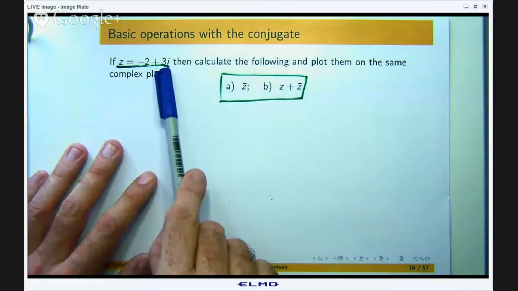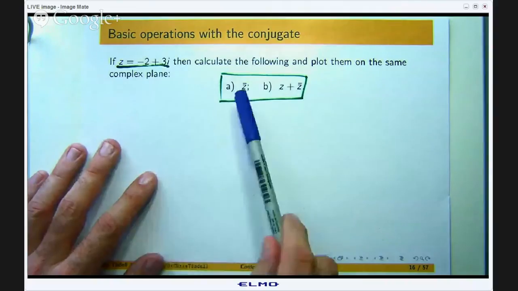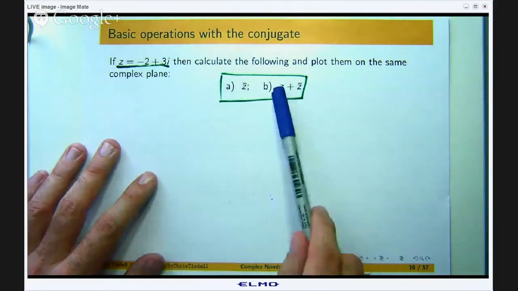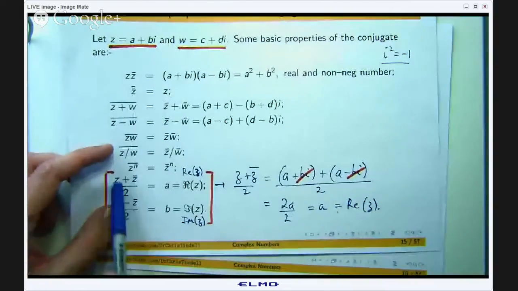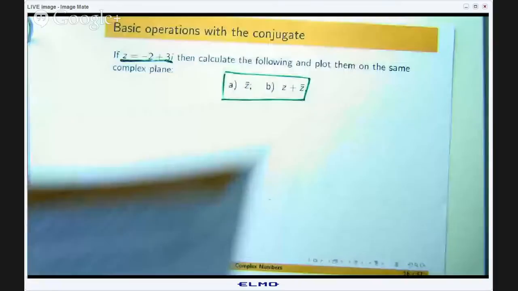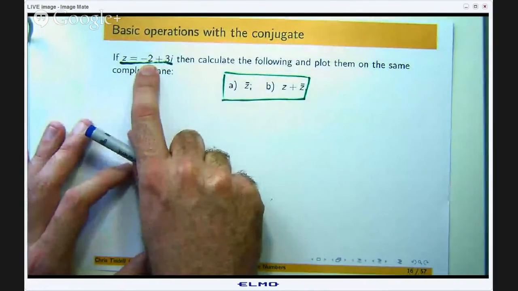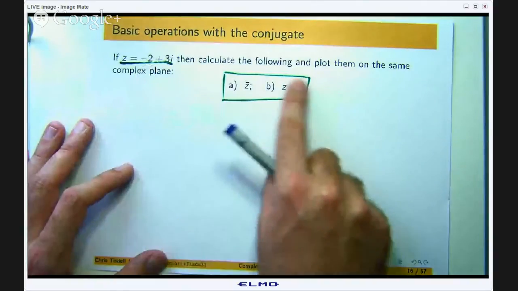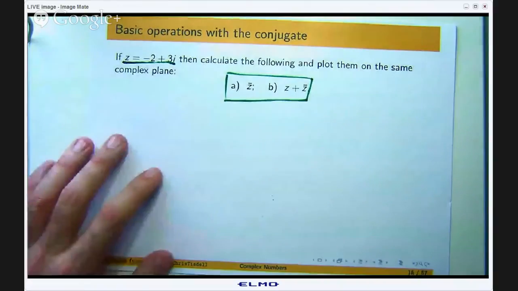Geometrically, I just reflect that point in the horizontal axis. What about z plus z bar? Well, we can use the identity down here. z plus z bar is going to be 2 times the real part of z. The real part of z here is negative 2, so 2 times negative 2 is negative 4. But let's go through and actually work it out, and then we can plot them.